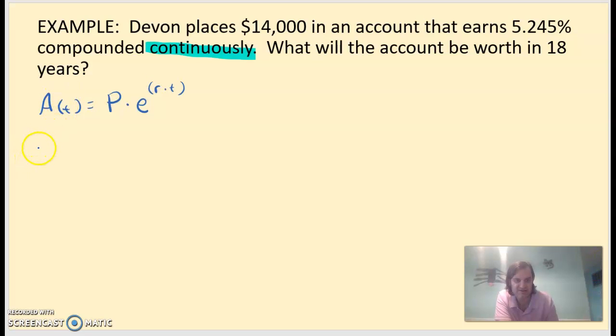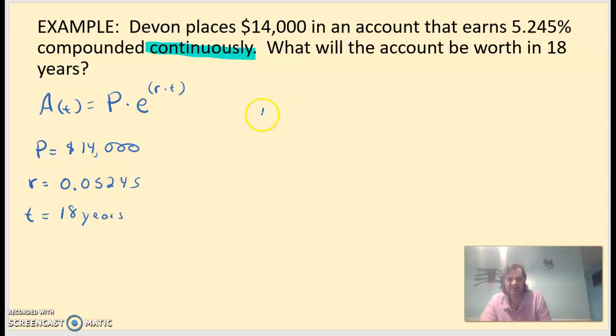So let's identify the pieces that we have. What does Devin have to start with? He has $14,000. That's our P. Our r, 5.245%. We're going to move that decimal over, so 0.05245. And for how long? t is 18 years. So there's less information you need here.